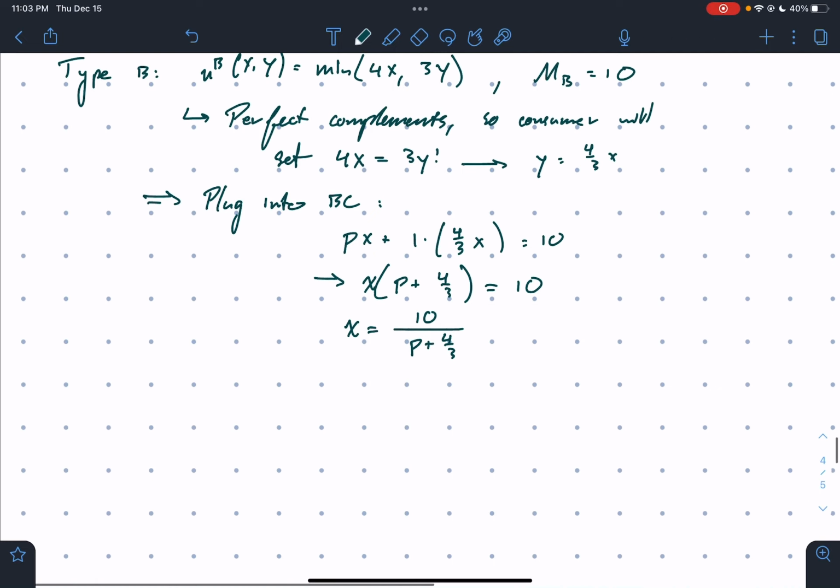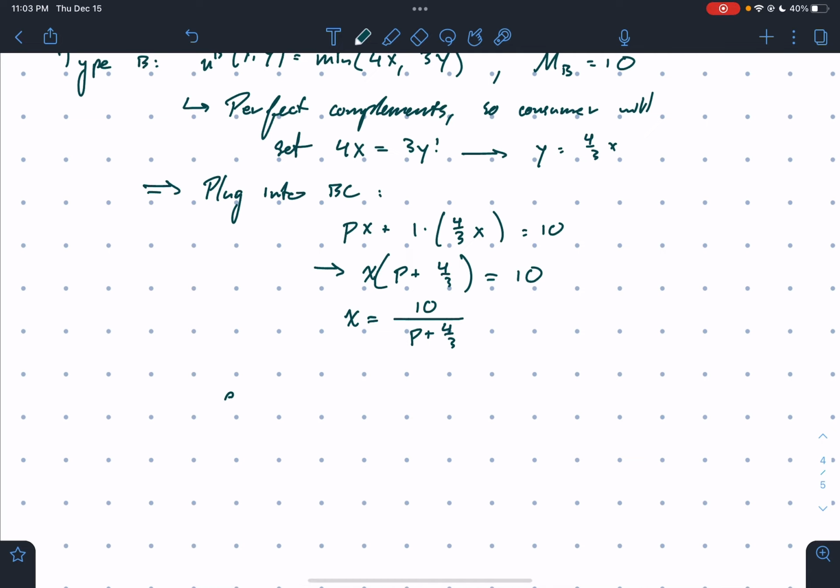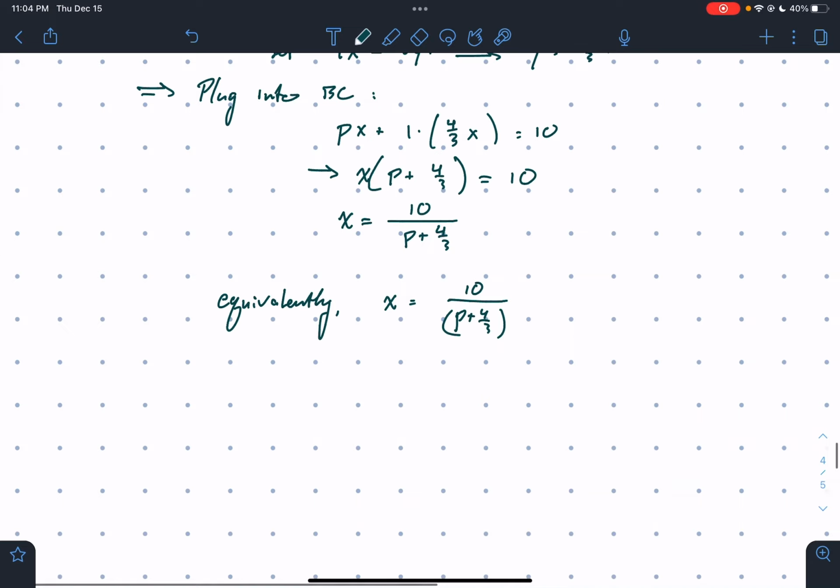I could rewrite this as x is equal to 10 over p plus 4/3 times 3 times 3/4.